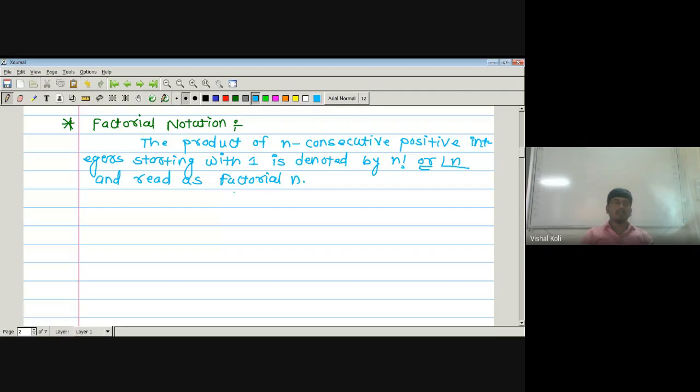Okay, so factorial n is nothing but the product of n consecutive positive integers starting with 1, and it can be denoted by these two symbols, that is this one or this one.